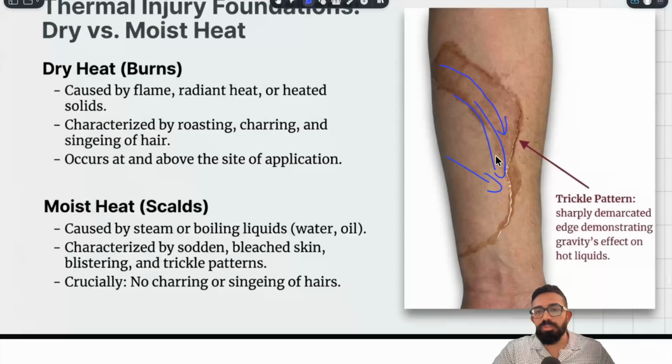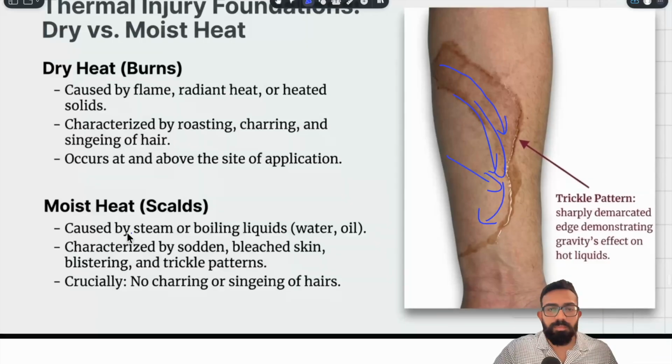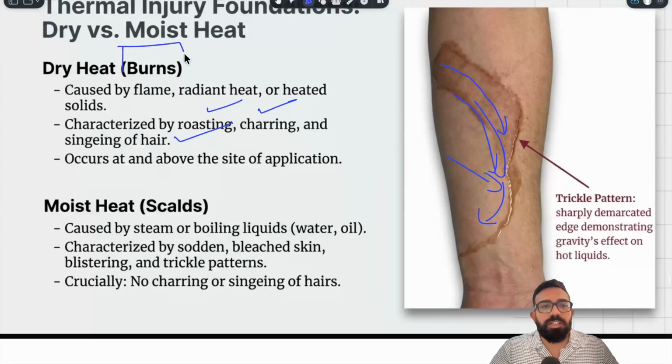This will give you an idea of the relative position of the victim. Again, roasting, charring, singeing of hair, all of these you see in dry heat burns, whereas in scalds you do not see all of these. What you see instead is blistering, trickle patterns, etc.